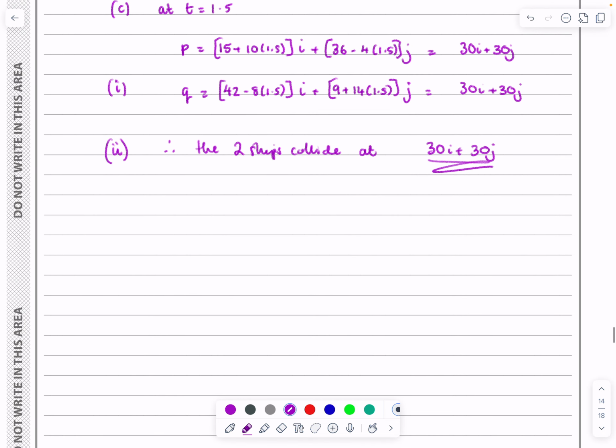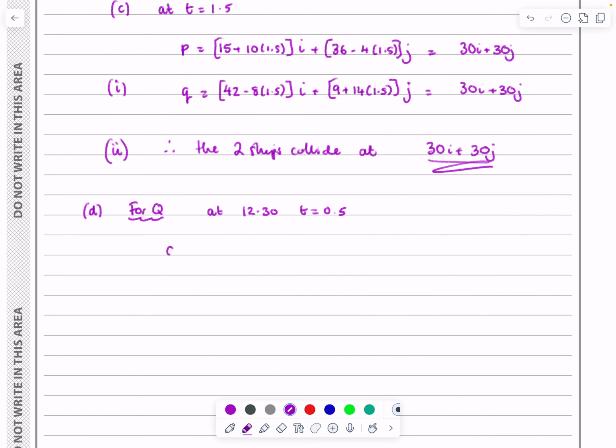So for part D, and for Q, let's work out where it is. So at 12:30, that's T equals 0.5.